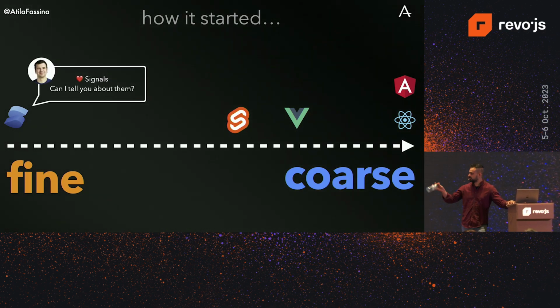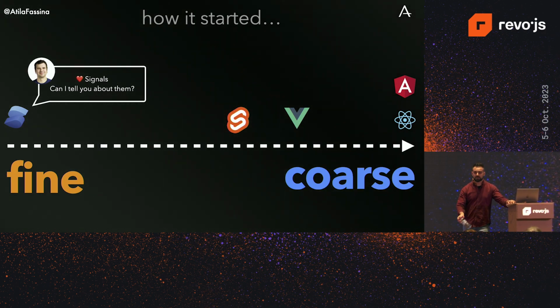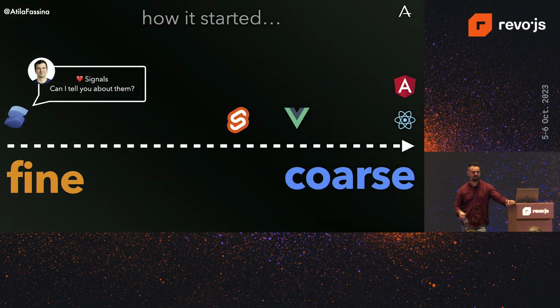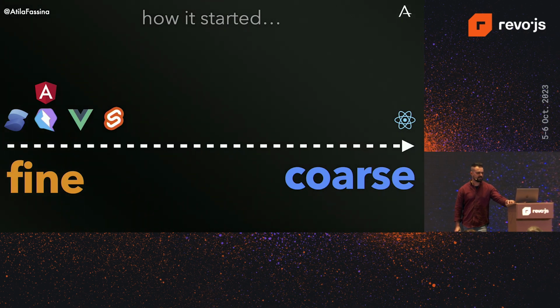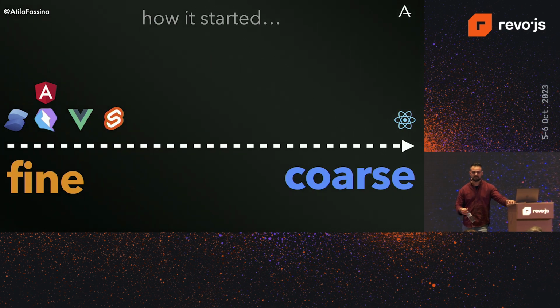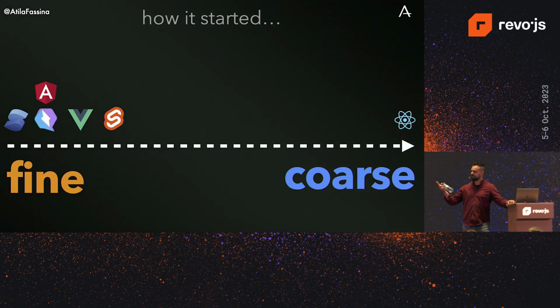Ryan Carniato is the creator of Solid.js, and he started talking a lot about signals and pointing out the advantages and stuff like that. And then a lot of the frameworks are implementing signals and are coming this way. I like that. That to me speaks back to the fact that we are all learning from each other.